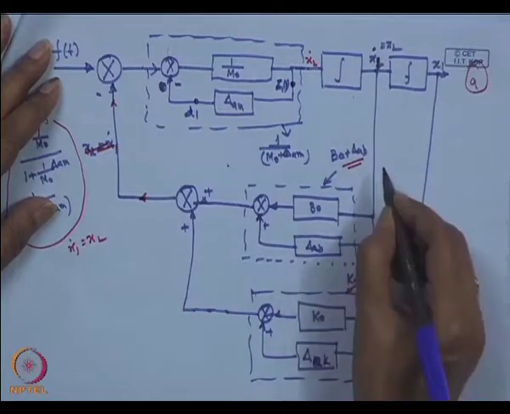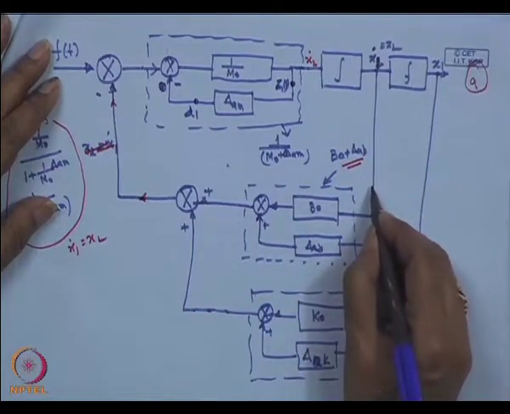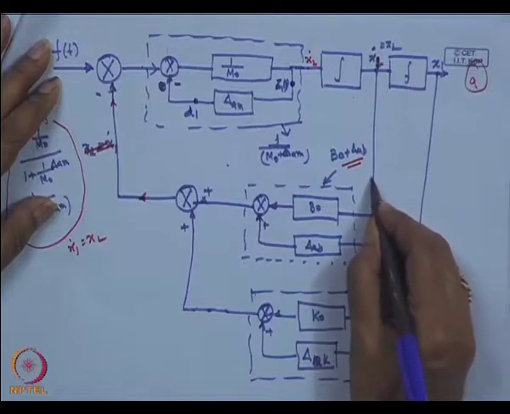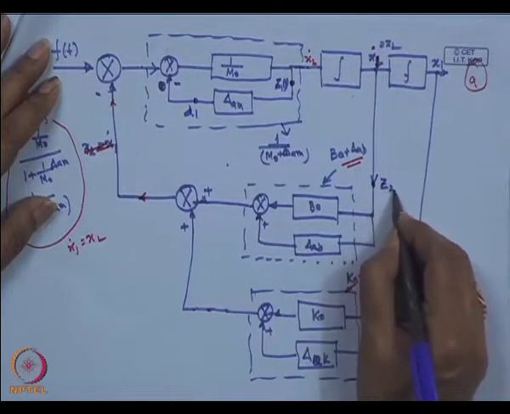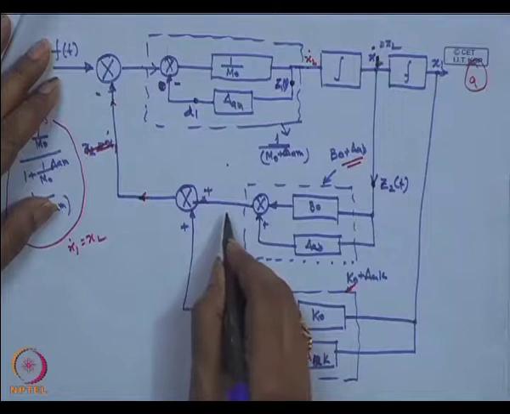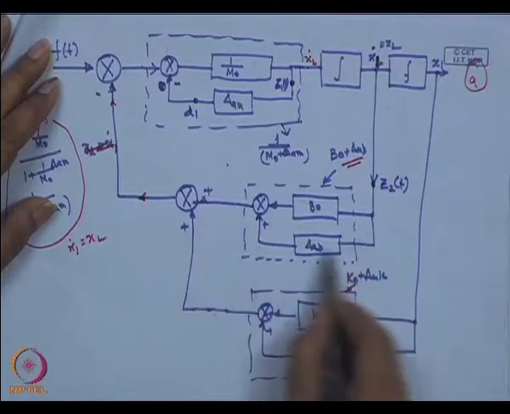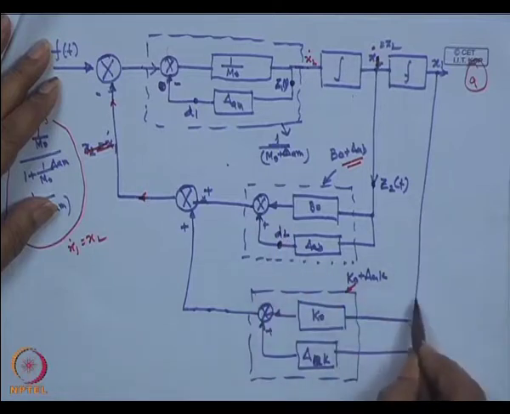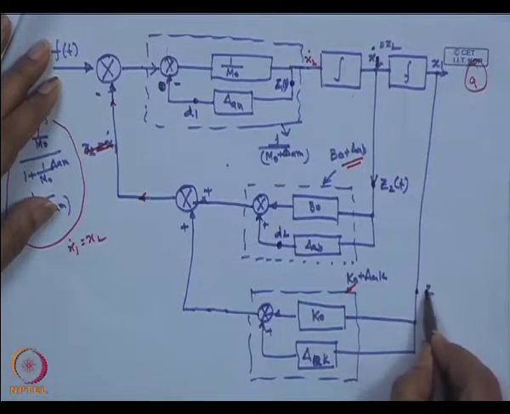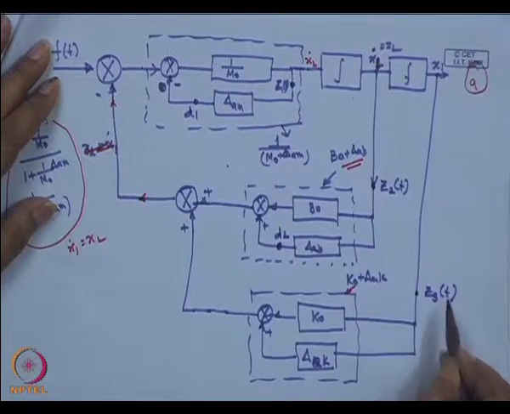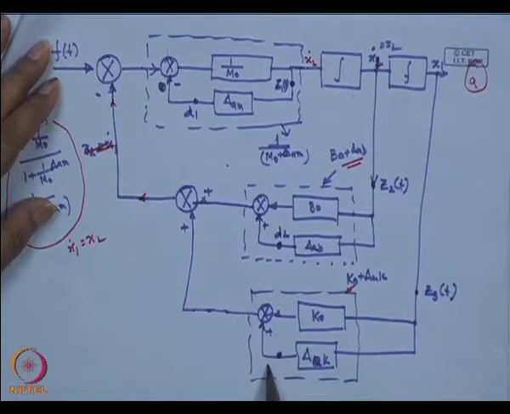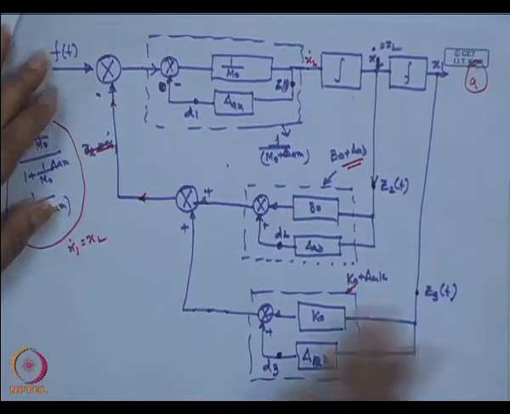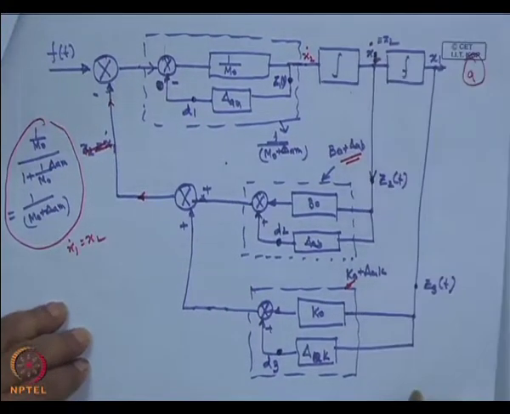Similarly, this signal is z 2 of t, and the output of this signal is d 2. Similarly, this signal I am considering z 3 of t and the output of that signal is d 3. So, now I am just writing the state space equation from this block diagram, nothing else.